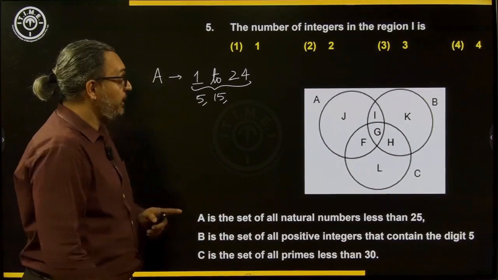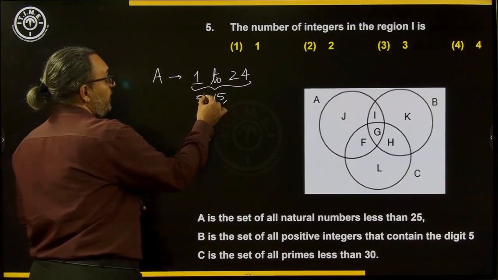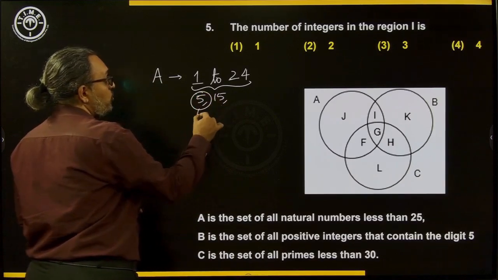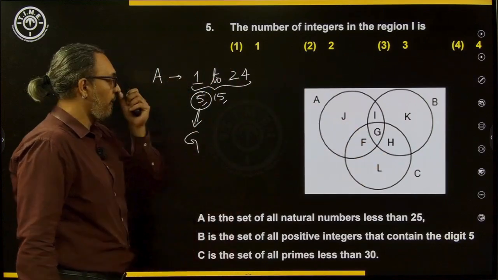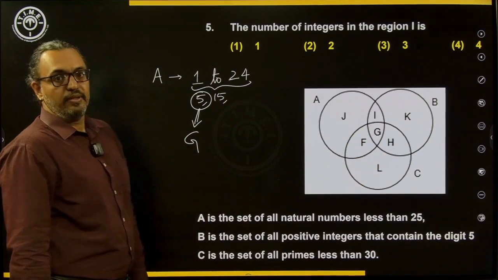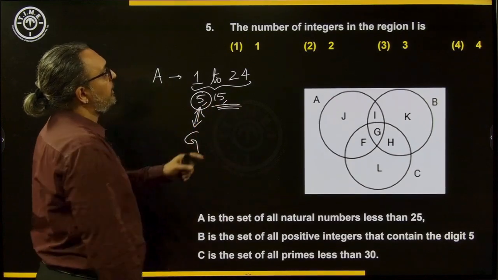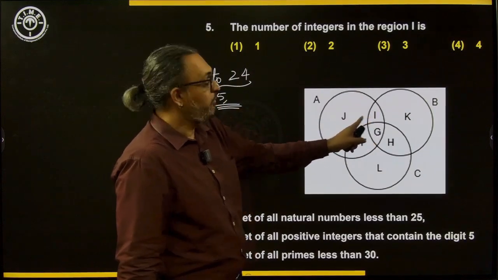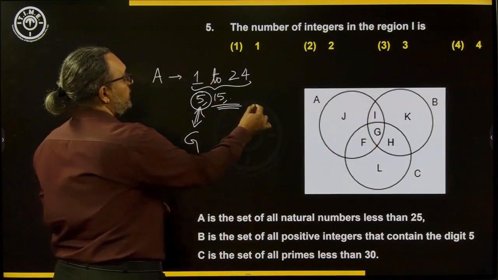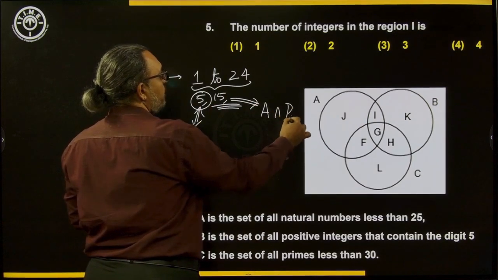Correct? But 5 also appears as a prime. So this 5 basically goes to G because G is the one element that is common to all the 3. Correct? So G has 5. That means the number of integers in the region I, because 15 is common to both A and B. So A intersection B only.